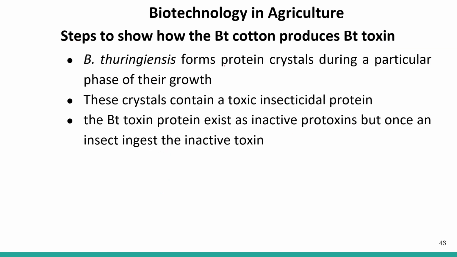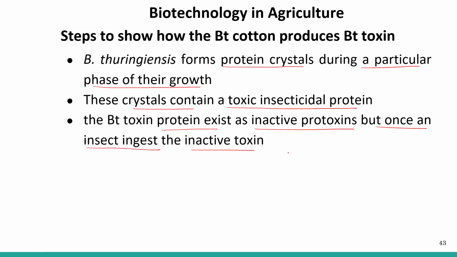Bacillus thuringiensis forms protein crystals during a particular phase of their growth. These crystals contain a toxic insecticidal protein. The Bt toxin protein exists as an inactive protoxin, but once an insect ingests the inactive toxin, it becomes active. So what happened?